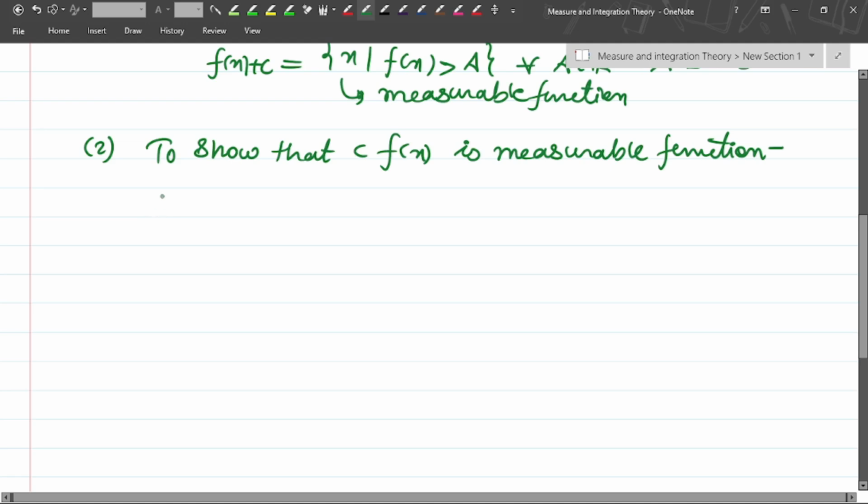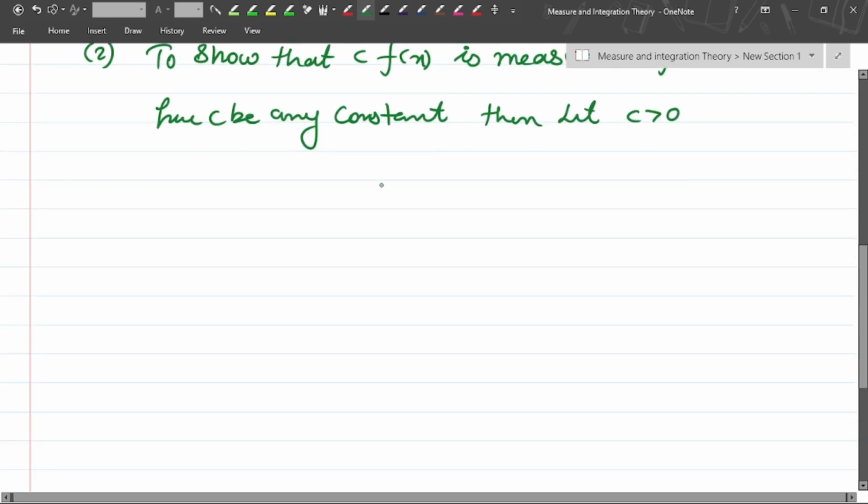Here c is any constant. Let c be greater than 0. So case number 1, c greater than 0, case A.